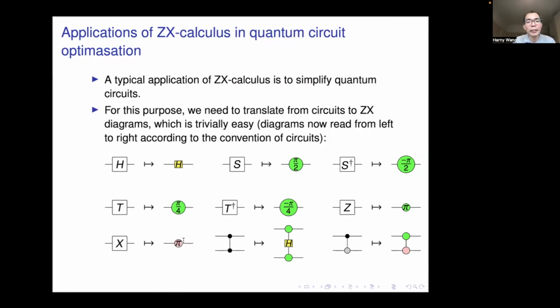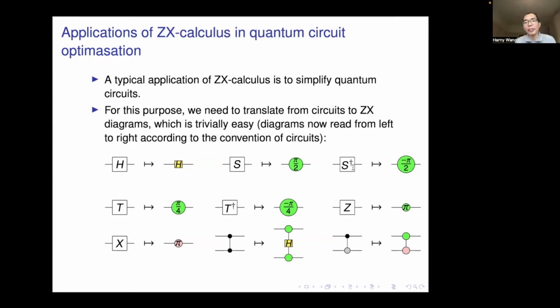Here are some very typical quantum gates. The Hadamard gate, you just translate into a Hadamard node. By the way, I didn't mention that the Hadamard is not a spider, but it can be composed of some spiders. For convenience, we usually use a Hadamard node to represent it. The S gate is just a green spider with one input, one output, and the angle is pi/2.